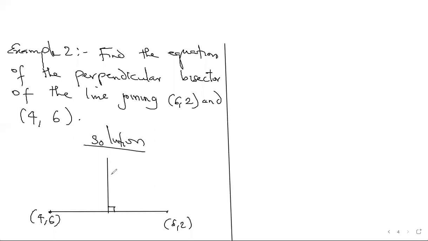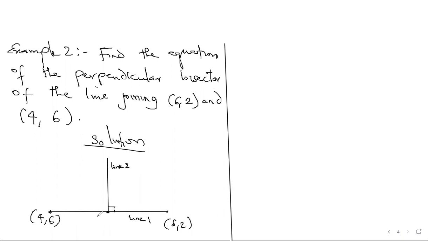So if this is line 1 and this is line 2, if line 2 bisects line 1, it means that line 2 must intersect line 1 at the middle. So basically at the midpoint of this line. Remember, we've done midpoint.